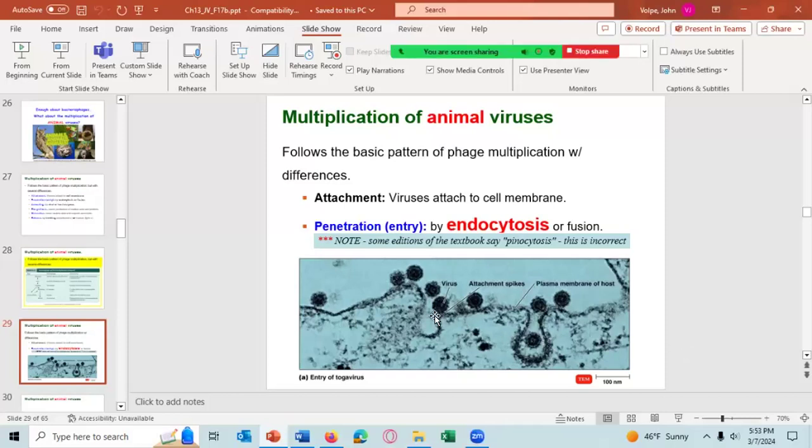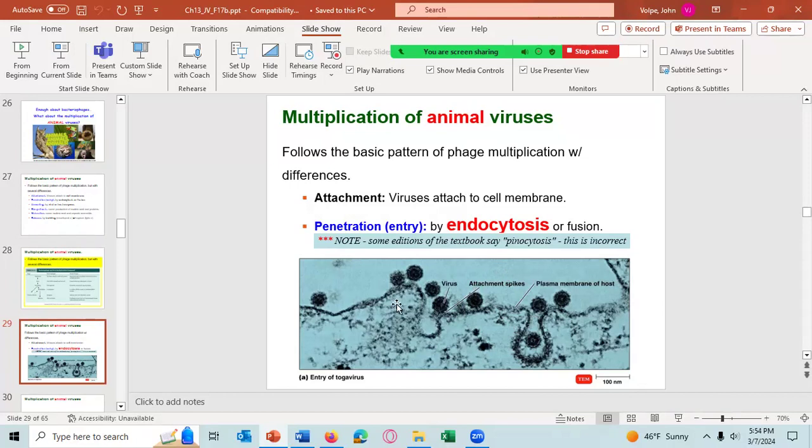Endocytosis is where the virus binds to the host cell's membrane, and then the host cell's membrane invaginates further, and then this will come together and reseal, reforming the cell membrane right here, and then sealing off this newly formed vesicle, bringing the virus into the cell by endocytosis.